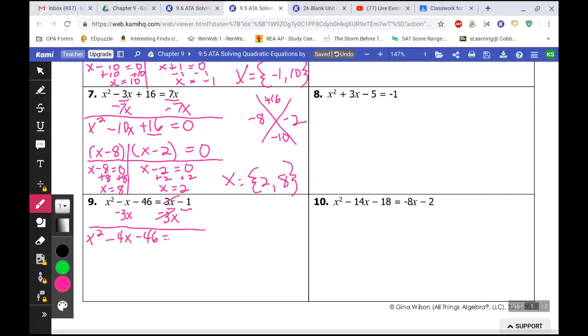But for the sake of Math Lab and people who might not do this at the same time, I'm going to do it one step at a time, at least on the first one. So I would add 1 to both sides now that I've combined my x terms.